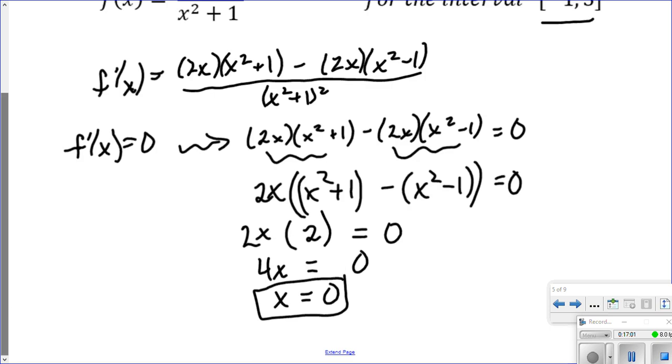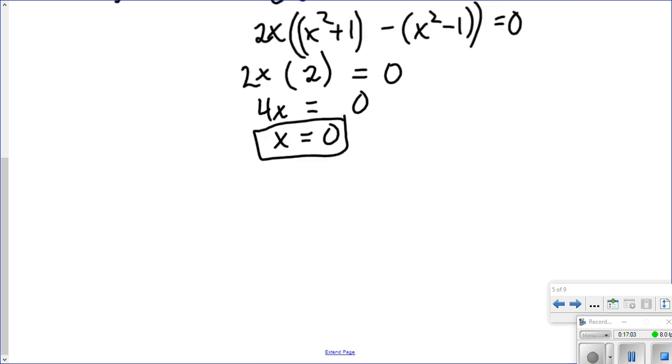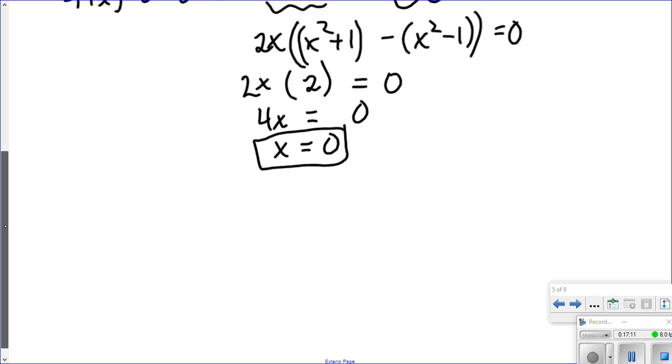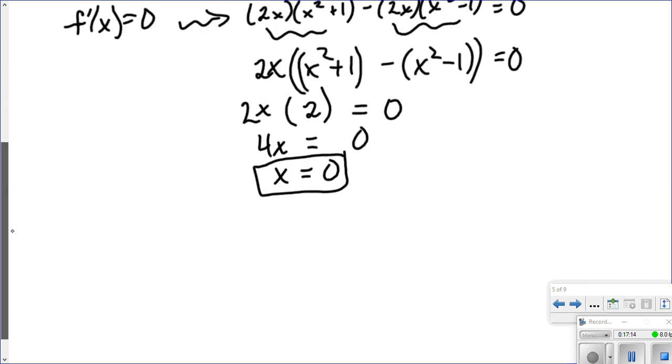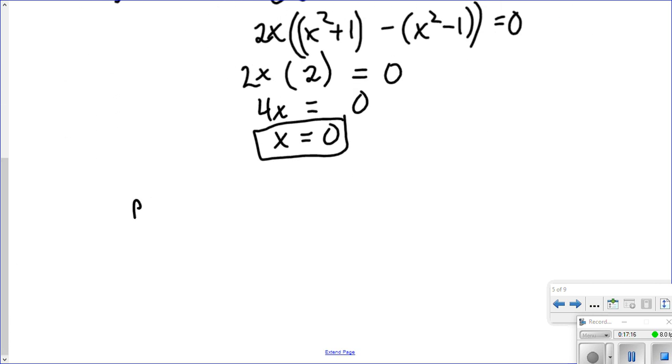So now I've got 3 points to check. I think I should just scroll up and make sure I know what my domain is. It's -1 and 3. My 0 lies on my domain, so I have to check f at -1, f at 0, and f at 3, and classify which ones are global mins and maxes, and which ones are local mins and maxes.